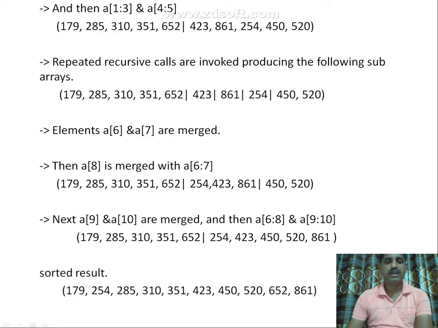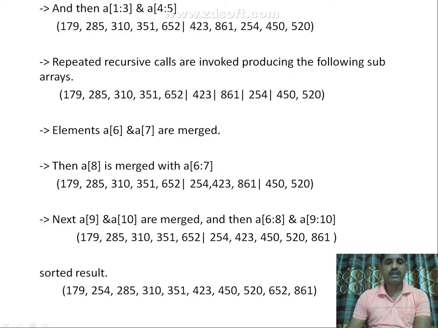So 423, 861, 254, 450 and 520. The elements of A[6] and A[7] are merged, that is 423, 861. Then A[8] is merged with A[6:7], that is 254, 423, 861.